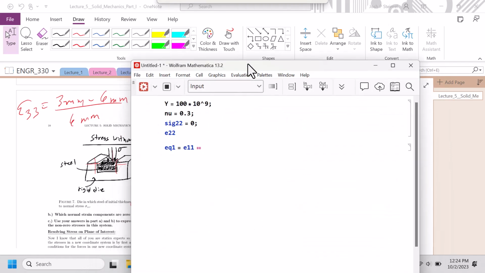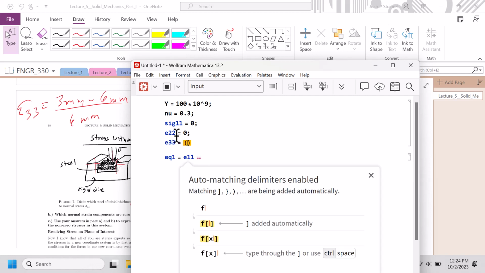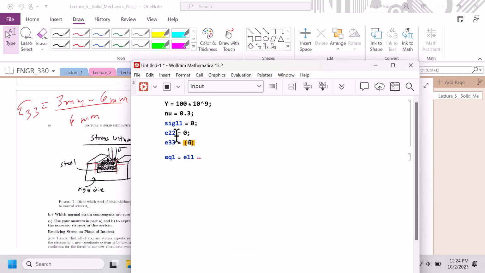Oh no, sig22 is not 0, excuse me. Sig11 is 0, E22 is 0, and E33 is equal to 3 times 10 to the minus 3, minus 6 times 10 to the minus 3, divided by 6 times 10 to the minus 3.